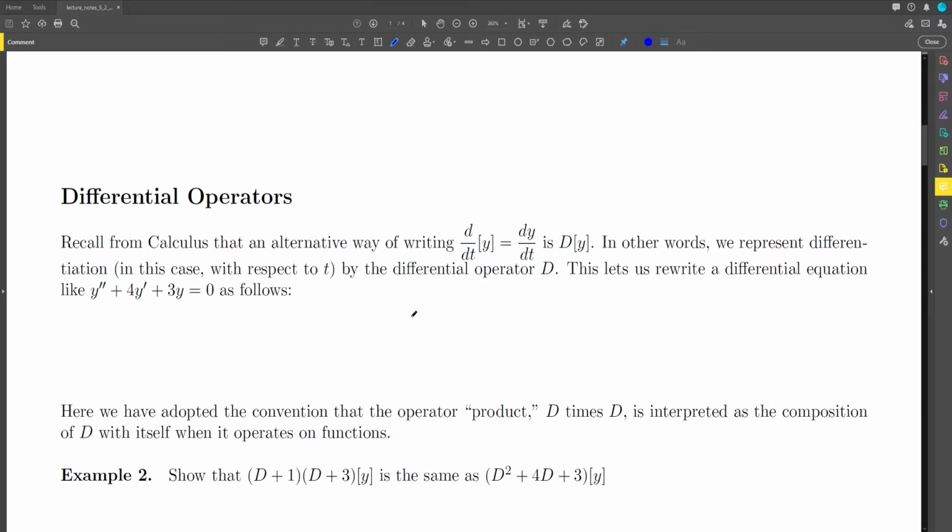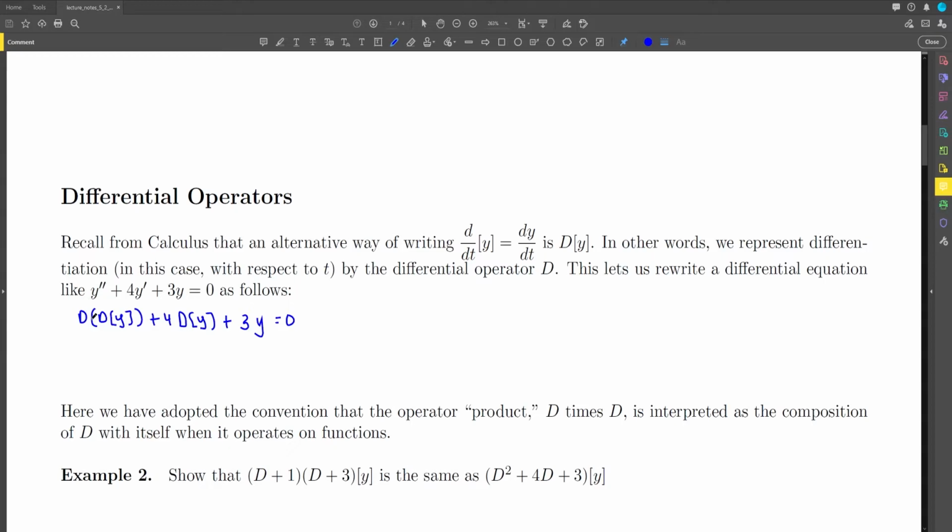This lets us rewrite a differential equation like y double prime plus 4y prime plus 3y equals 0 as follows. So the second derivative is the derivative of the derivative. So we can write this as D of D of y, plus 4 times D of y, plus 3y, and that equals 0.